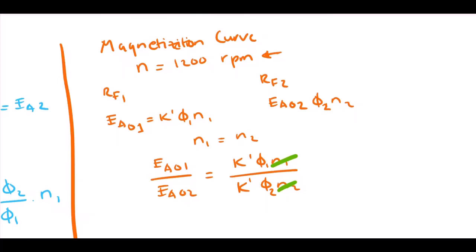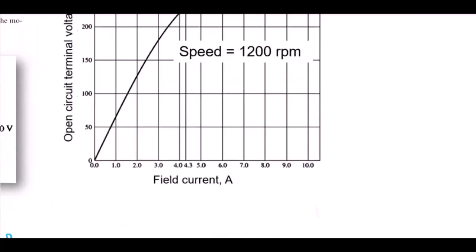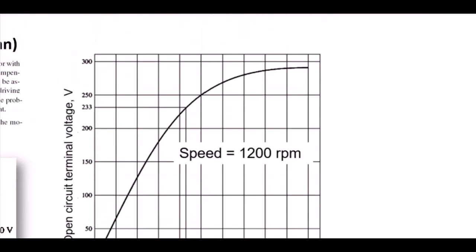Okay, let's have a look again at the magnetization curve. Here, if we know the value of the field current, by using the graph we can find the value of the terminal voltage Vt.